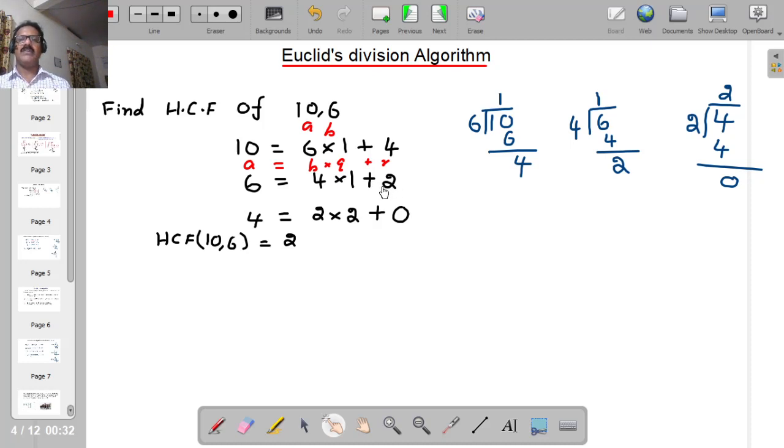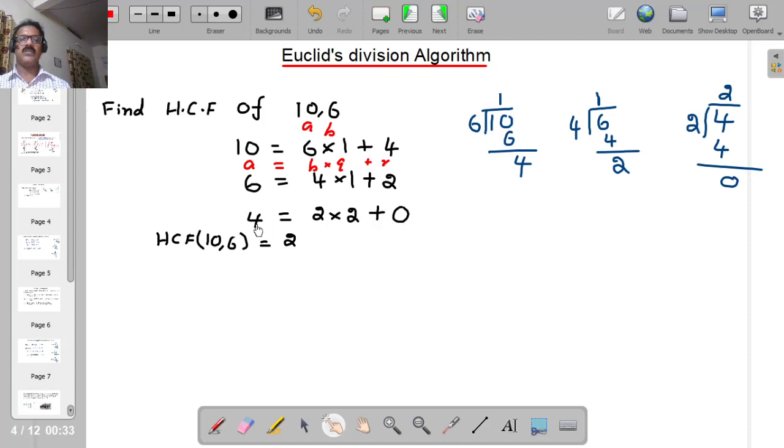So we will divide 4 by 2. We get quotient is equal to 2 and remainder is equal to 0. Now 4 is written as 2 times 2 plus R, which is equal to 0.